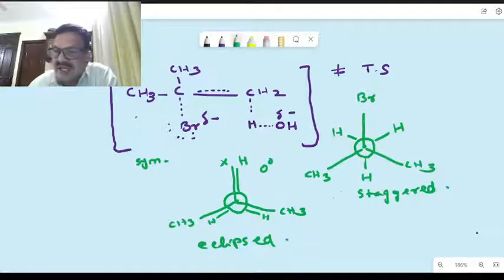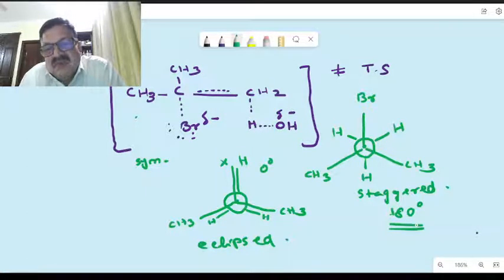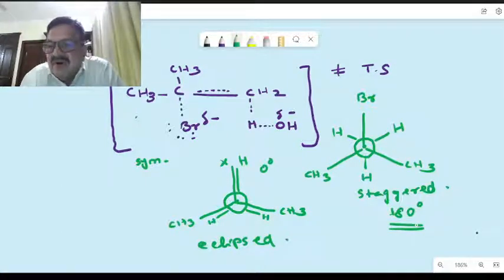Staggered conformation is of lower energy here. The dihedral angle here is 180 degree. Dihedral angle here means the C-H and C-X bond, on the alpha carbon atom, that is carbon number 1 or 2, whatever it is, and the other one. So the angle between these two bonds is known as the dihedral angle. In the staggered conformation it is 180 degrees, that is the hydrogen atom and the bromine atom are far apart here.